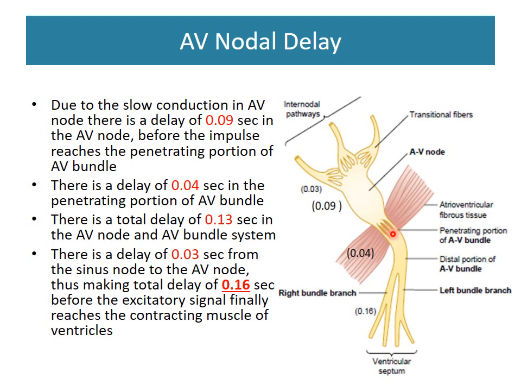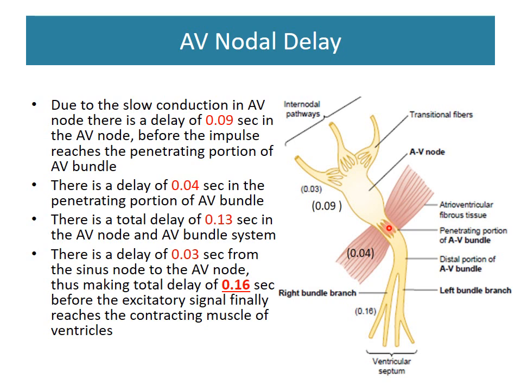Afterwards, there is a delay of 0.04 second in the penetrating portion of AV bundle. Here. So 9 plus 4, that makes a total delay of 0.13 seconds in the AV node and AV bundle system.